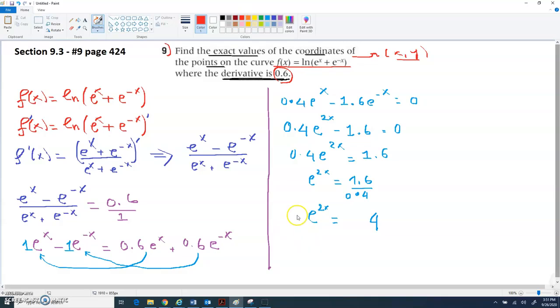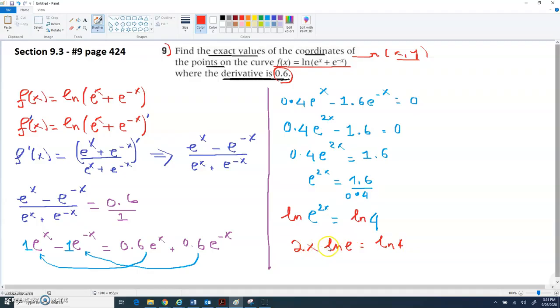The natural log of e to the 2x and the natural log of 4. Then I'm going to use the power rule and bring down the 2x to the front. So that's going to give me 2x times the natural log of e is equal to the natural log of 4. Everybody good so far?